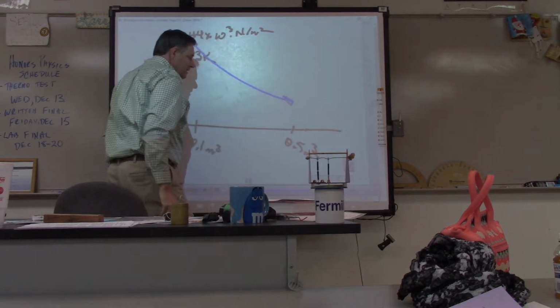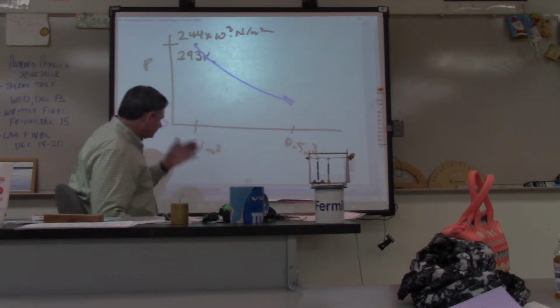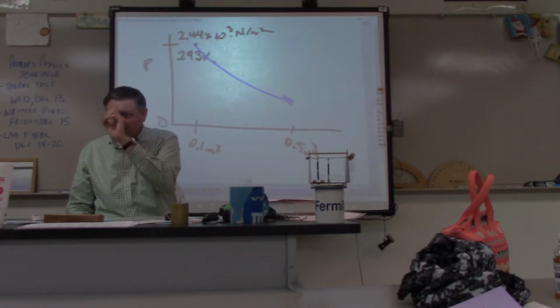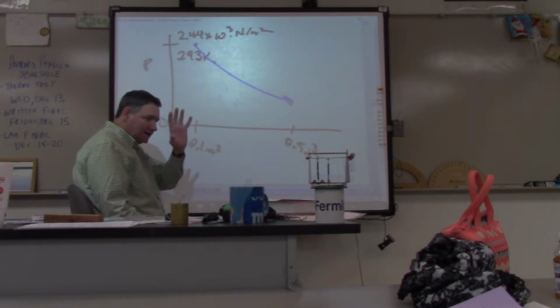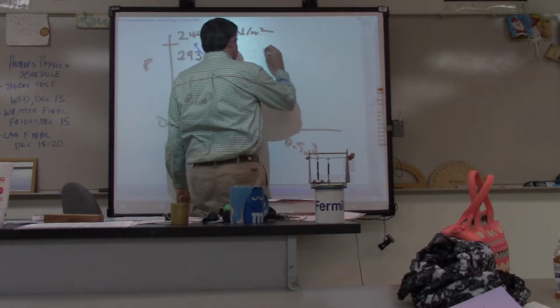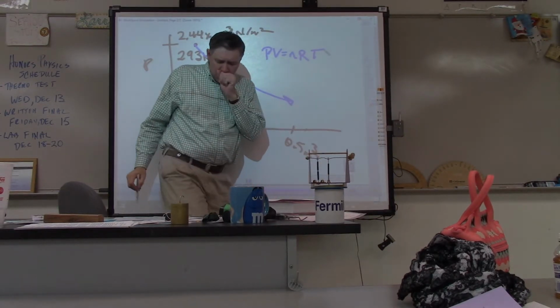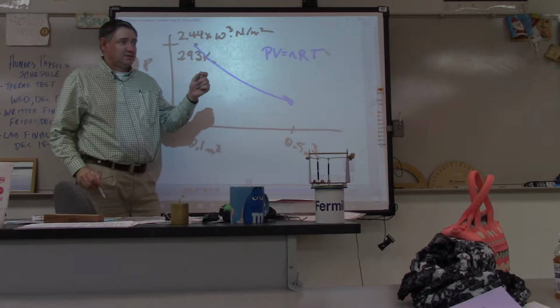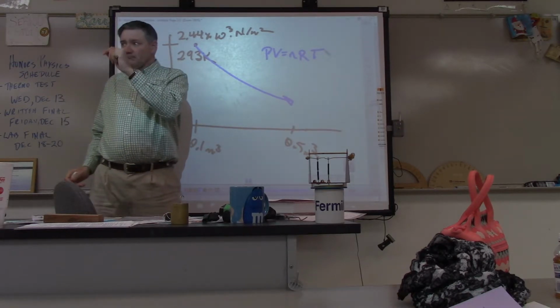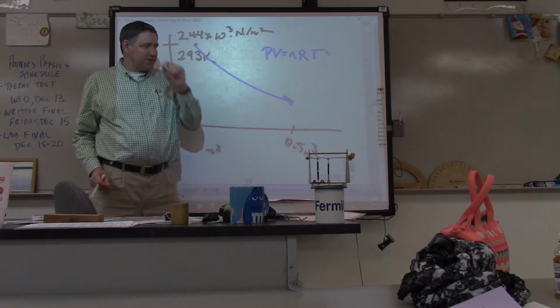Okay? Now, here's the deal. This all boils down to understanding the ideal gas law equation, PV equals nRT. So what did we say our temperature was? 20. No, I mean Kelvin. Oh, 293.